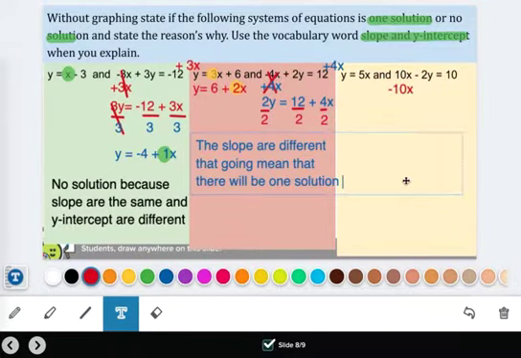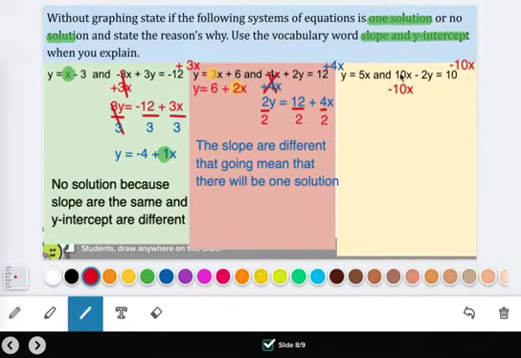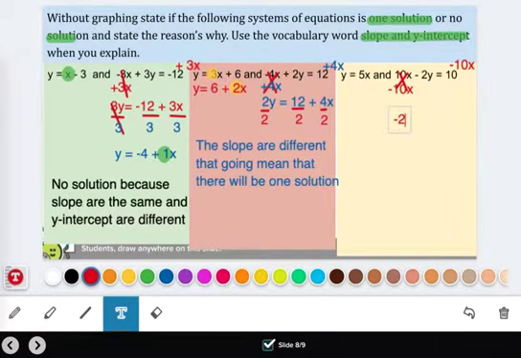Minus 10x on this side, and notice that the other 10 doesn't have an x, so you can't subtract them. This one you can, gets you 0. That's a negative 2y. That's going to equal 10 minus 10x.